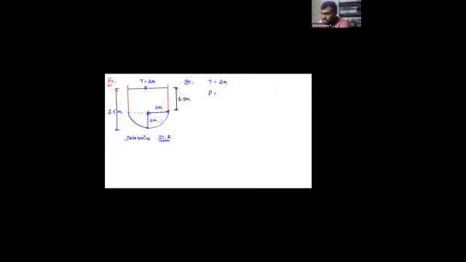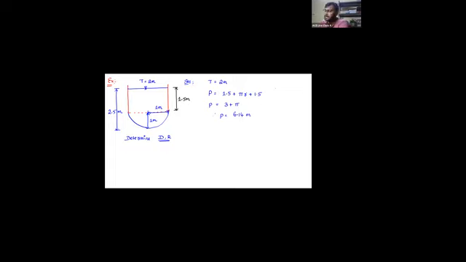The semicircle means pi r; the total perimeter of a circle is 2 pi r. So I can write this as 1.5 plus pi r plus 1.5, which means 3 plus pi r. What is our r value over here? r equals 1 meter. So 3 plus pi, the P value is equal to 6.14 meters.